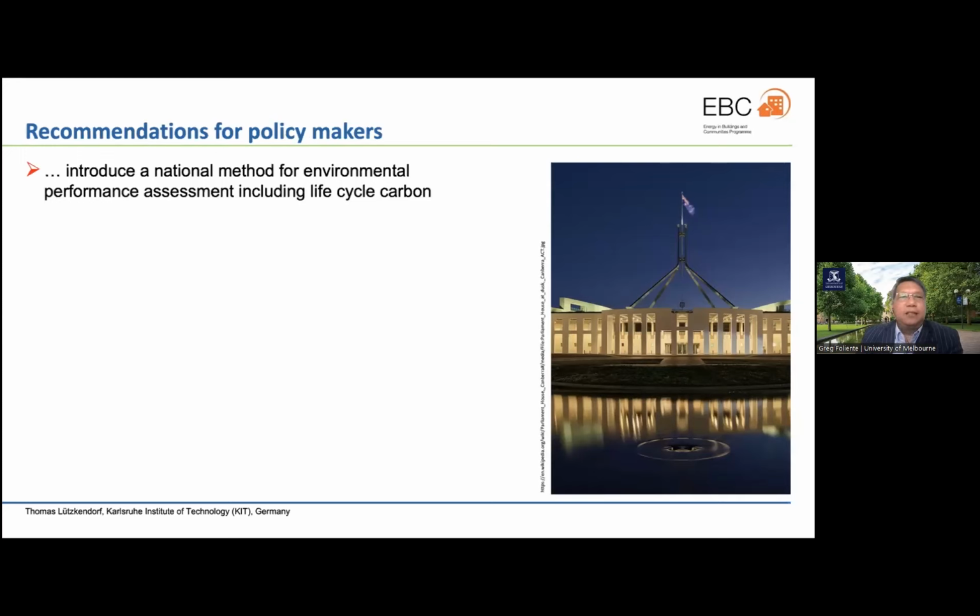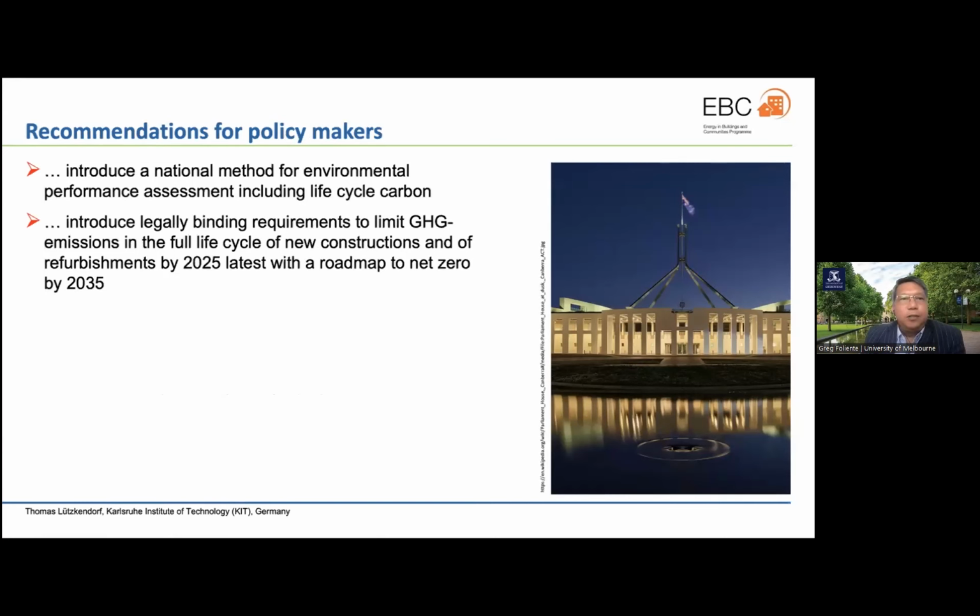Policymakers: develop a national method for environmental performance assessment, and introduce legally binding requirements to limit greenhouse emissions in the full life cycle of new constructions and of refurbishment of existing buildings by 2025 at the latest, with a roadmap to net zero by 2035. This was the recommendation from Annex 72 that we also tried to push in the COP28 through different organizations.